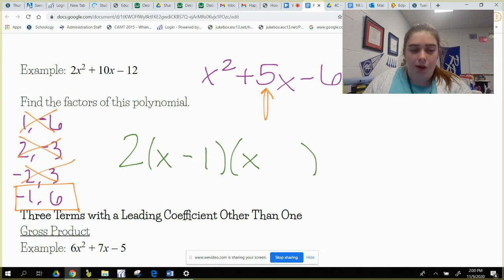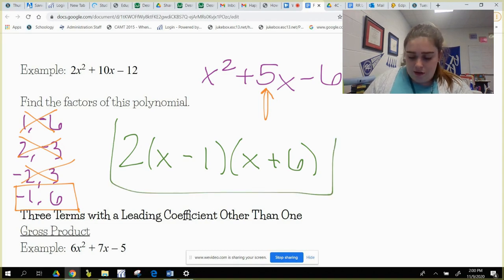And then the second one, we're going to have the +6, so x plus 6. If you want, you could check your work just by multiplying like we were practicing on Friday, and see if it matches. That doesn't hurt to do, okay? But that is our final answer. All right, awesome.